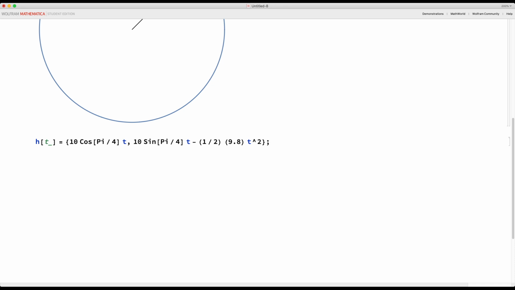We picked pi over 4 because Cole remembered that that maximizes the range, and I picked an initial velocity of 10, just basically because, and then we've got our gravity term.